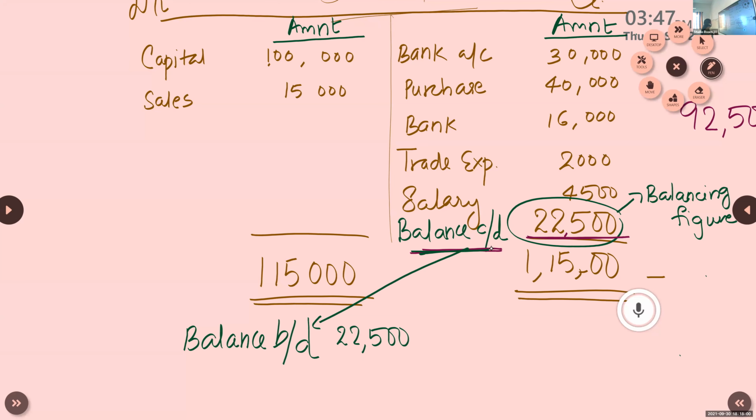Tell me. Debit side is more. Yeah, the debit side is more. So even though the balancing figure comes on the credit side, this is called a debit balance. Note it down. Debit balance means the debit side is more. That's why the balance is called a debit balance.